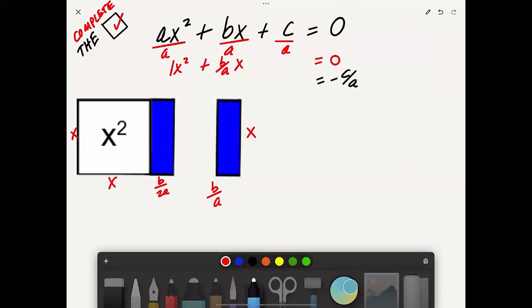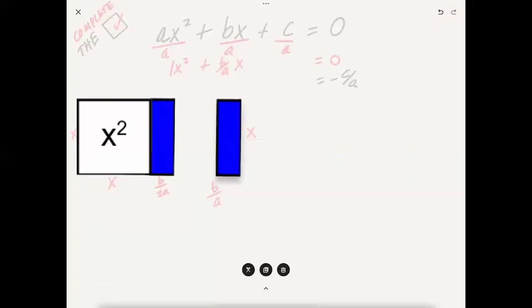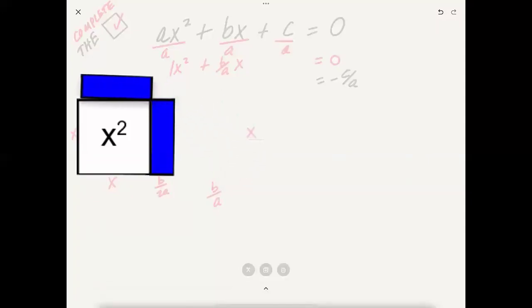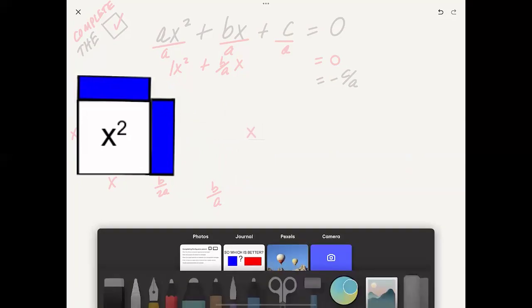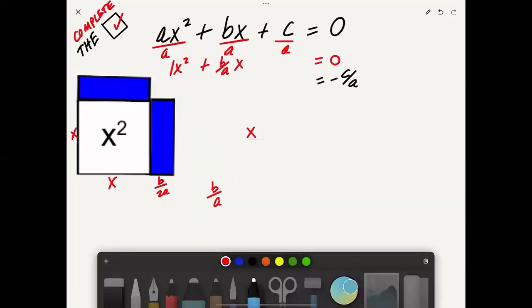The same thing with the other side: I'm going to flip it and put it right here on the other side of the square. Again, this side is b over 2a because that's the length. Now we have to figure out what this little square is going to be.